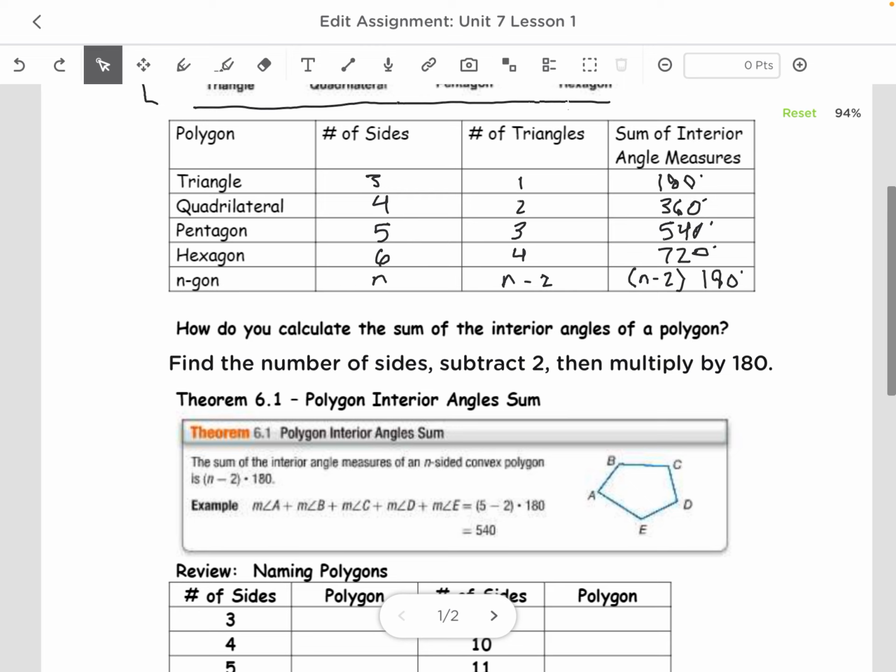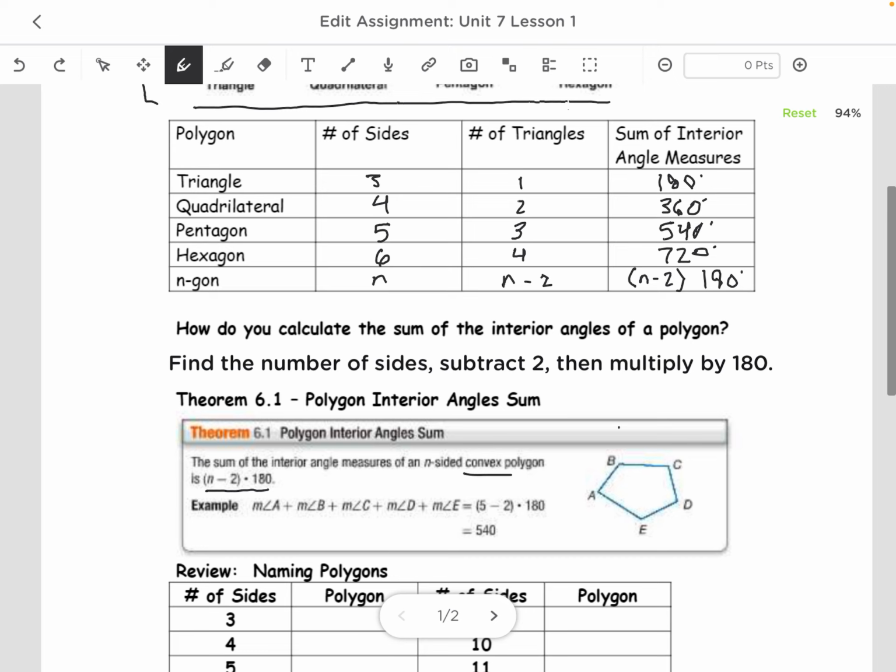And there's this theorem right here. This is the polygon interior angle sum theorem that lines that out. Gives us that definition, n minus 2 times 180. And this says the sum of the interior angle measures of an n-sided convex polygon is this term.